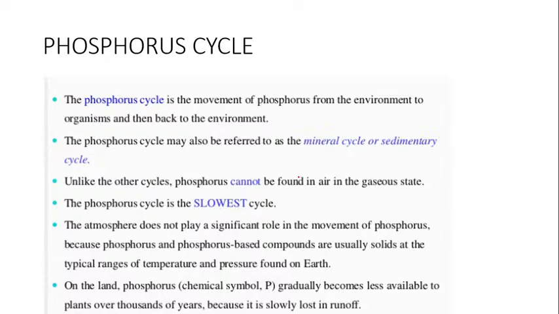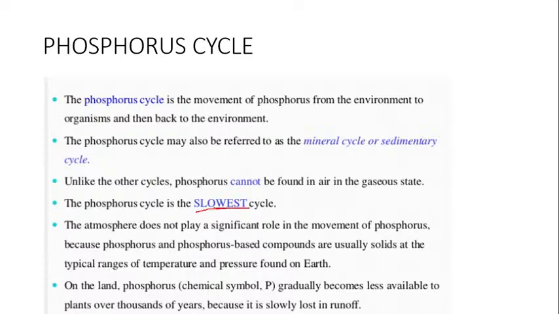Next, the phosphorus cycle is the movement of phosphorus from the environment to organisms and then back to the environment. That's known as the phosphorus cycle. It is also a sedimentary cycle, and it is an imperfect cycle. Then the unique feature of this phosphorus cycle in comparison with other cycles is that it is the slowest cycle.